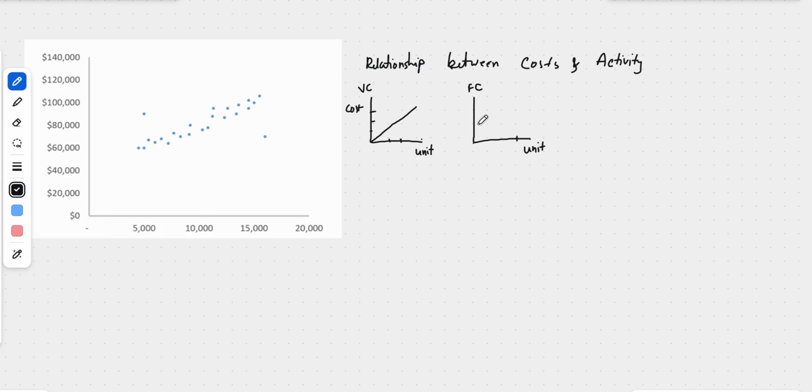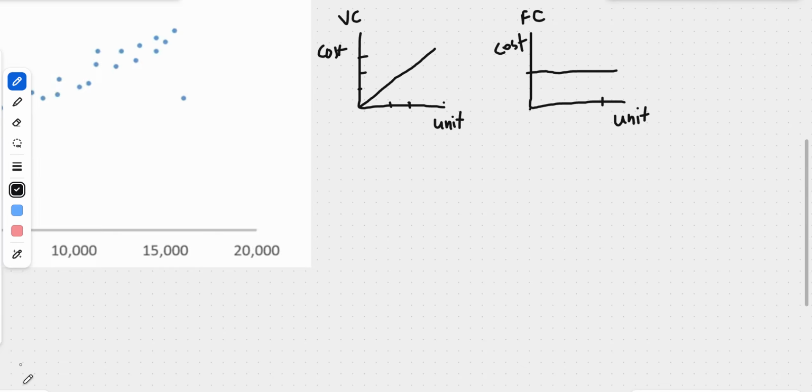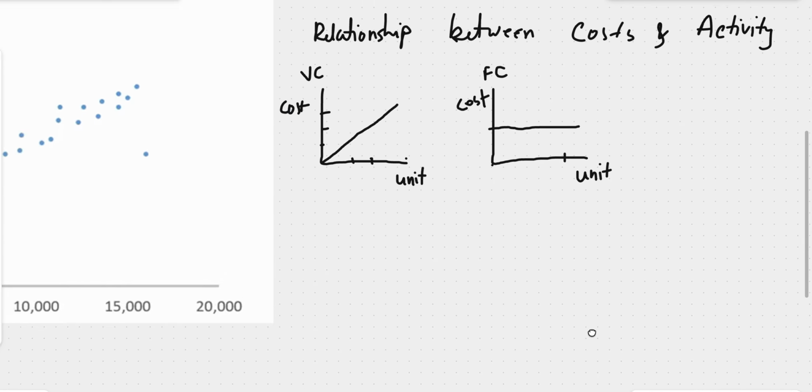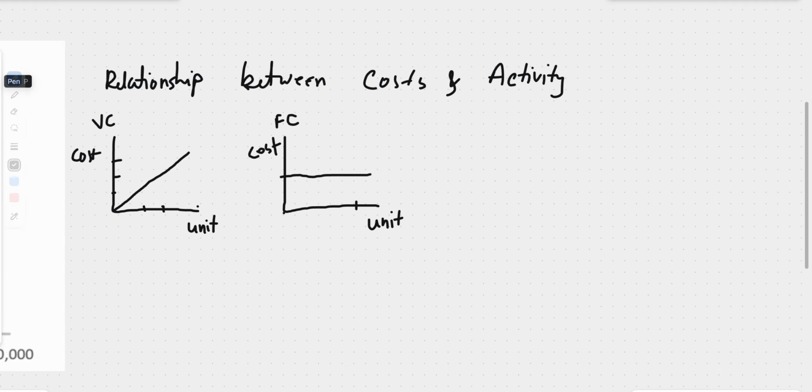We know that. So let's say our fixed cost starts from here. Fixed cost. We are discussing the cost classification.